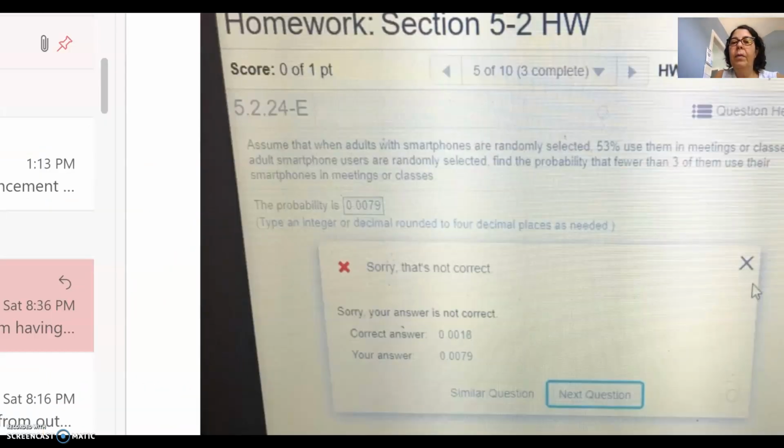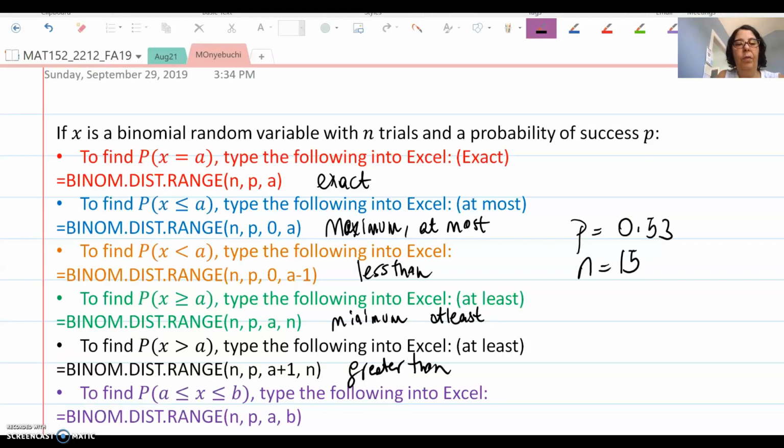And we want to find the probability that fewer than 3 of them. So we should be using this one here. We're looking for probability x less than 3. So we need to make that decision first. Which one of them are we using?